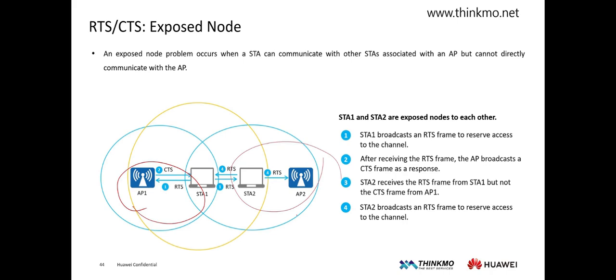However, because the distance is too close, when terminal 1 sends an RTS, terminal 2 will also receive it. When terminal 2 sends an RTS, terminal 1 will also receive it, and at this point, a significant impact will occur.